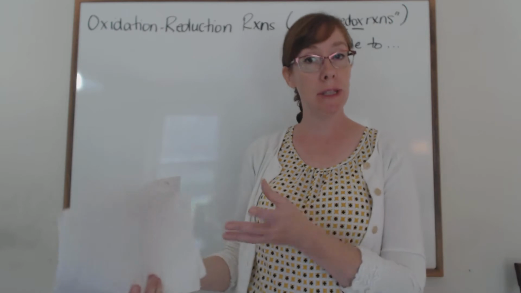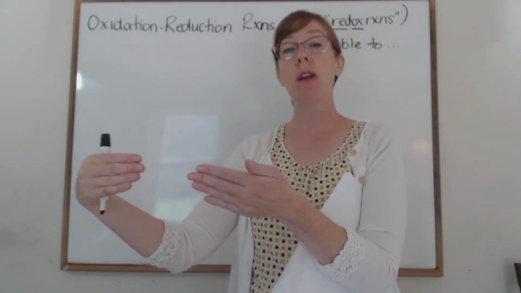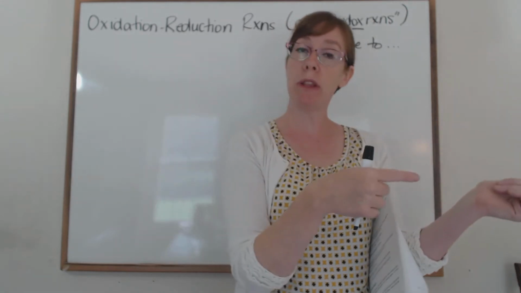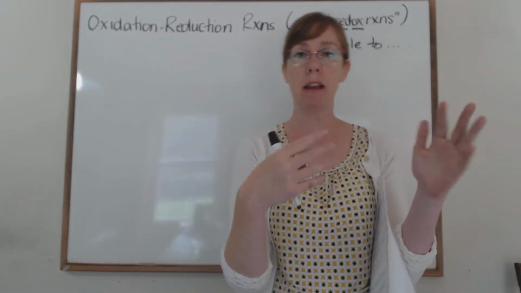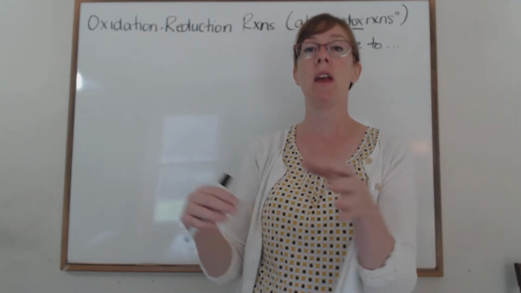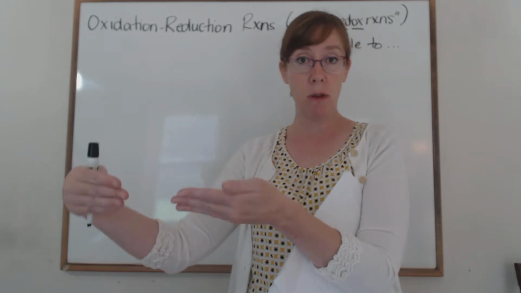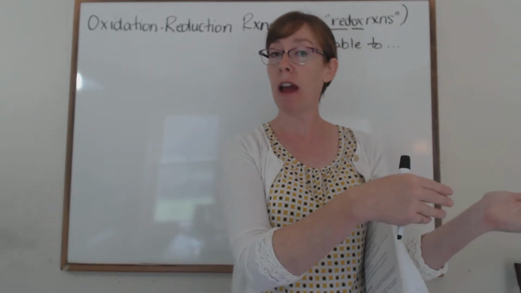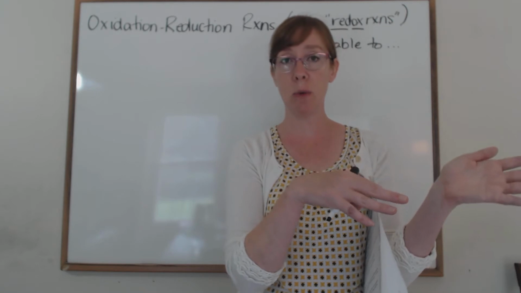For instance, with precipitation, if I gave you the two reactants, you were responsible for figuring out what the two products were, figuring out which one was the precipitate, and writing complete molecular, complete ionic, and net ionic equations. With acid-base, it was kind of the same thing. If I give you the two reactants, you have to figure out what the products are, balance it, and write the three types of equations.